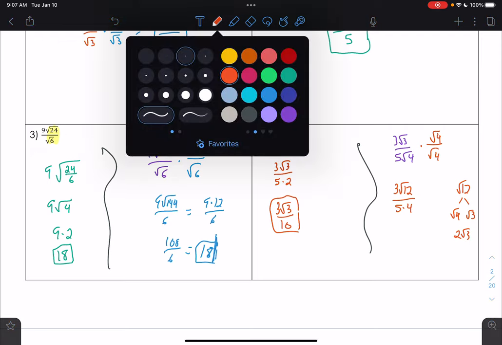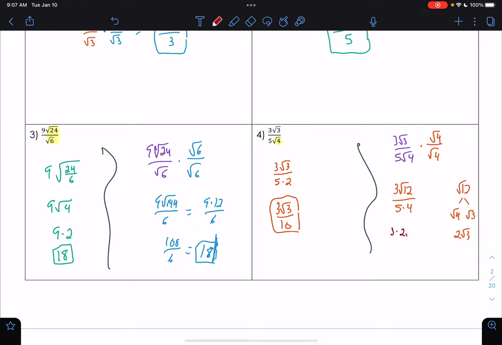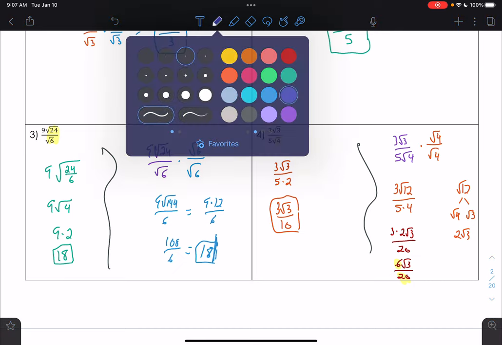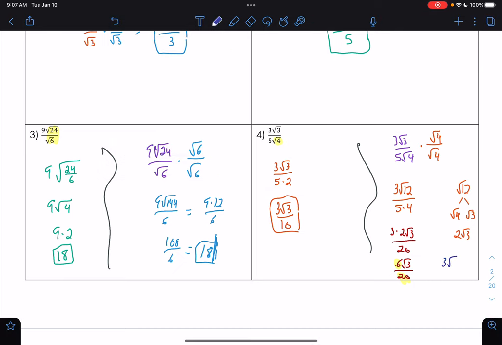So we have 3 times 2 square roots of 3 over 20. Well, we get 6 square roots of 3 over 20. And then you notice 6 over 20, we can divide a 2 out of each of those and get 3 square roots of 3 over 10, which is the same exact answer.